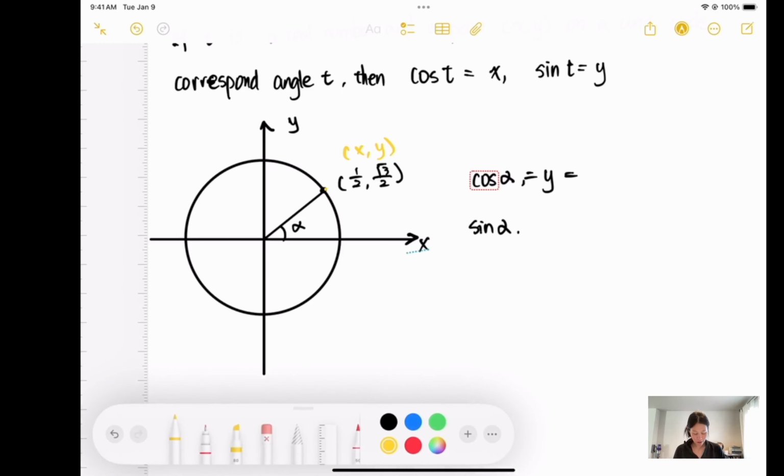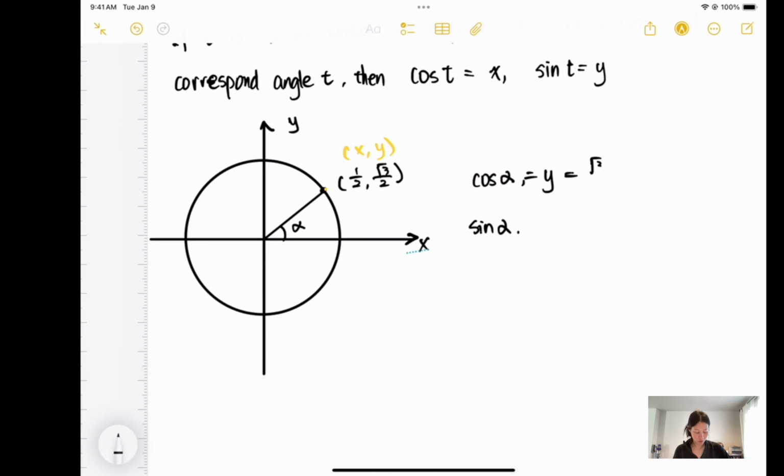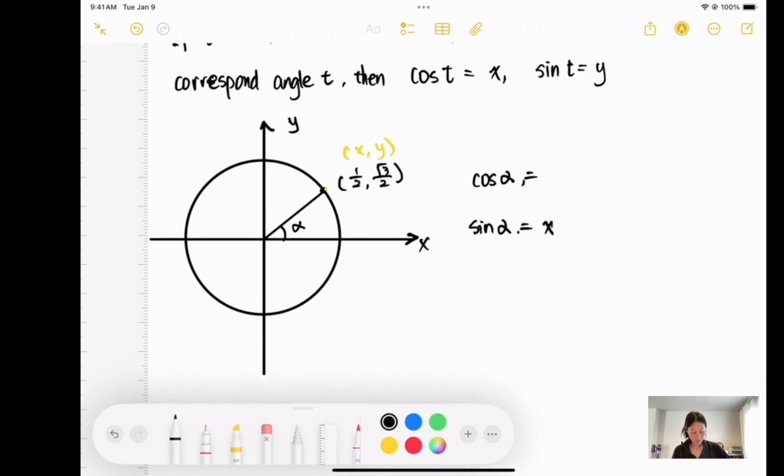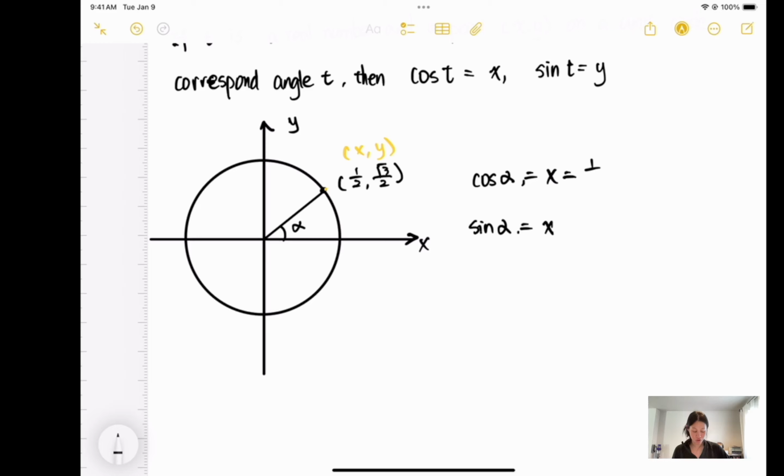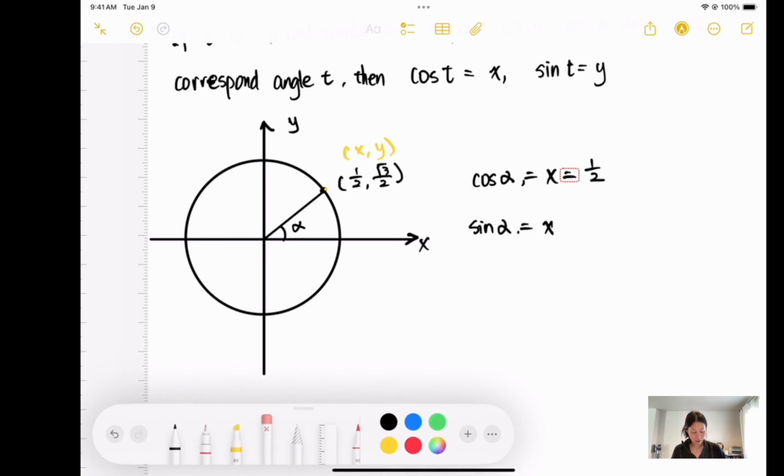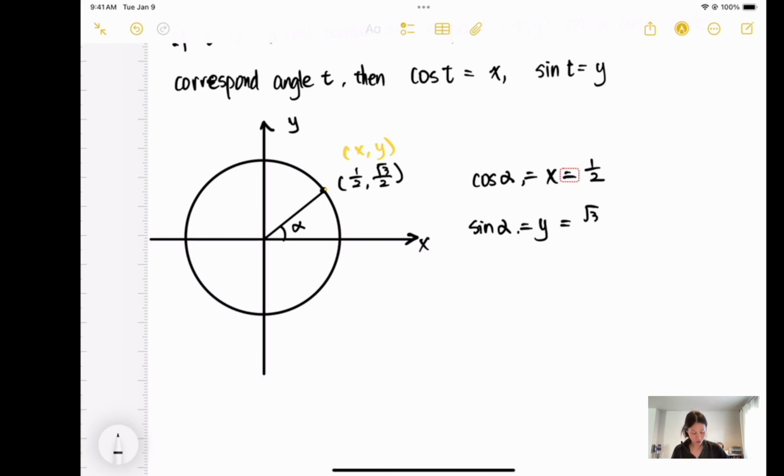So that means our y is equal to square root of 3/2. So in this specific case, cosine alpha is equal to x, which is 1/2, and sine alpha is equal to y, which is square root of 3/2. So here is sine and cosine.